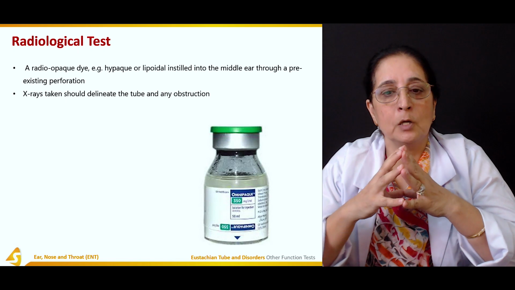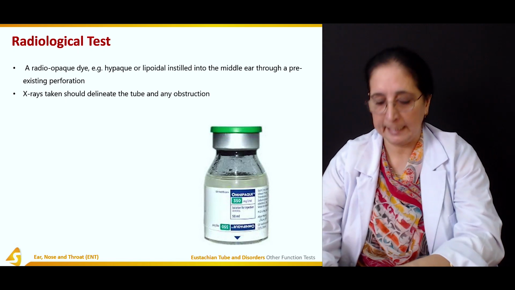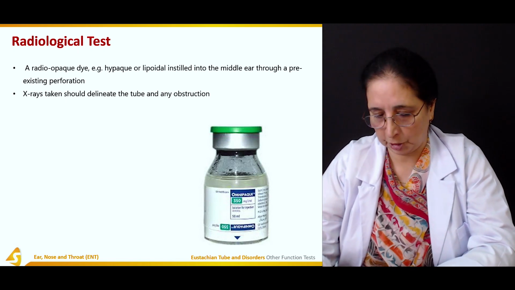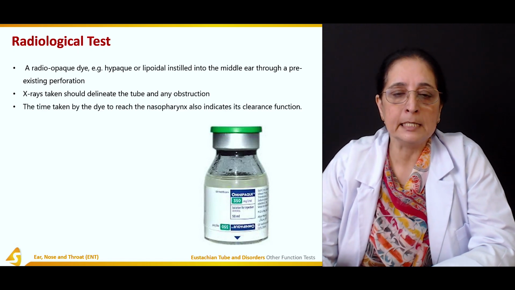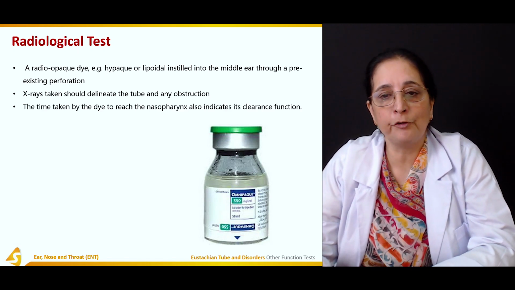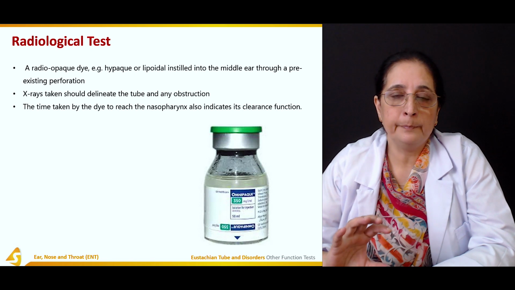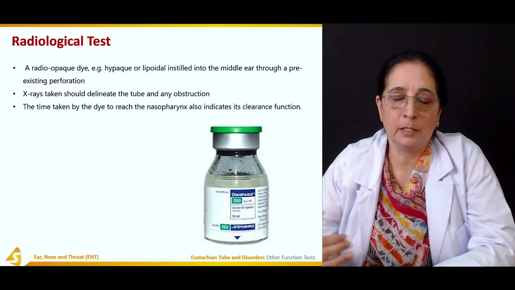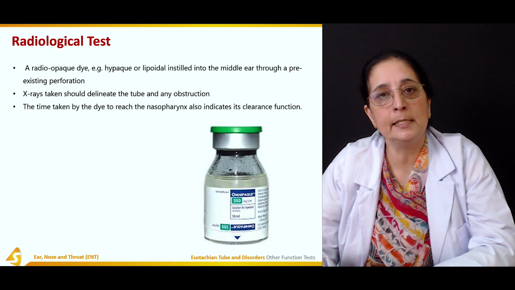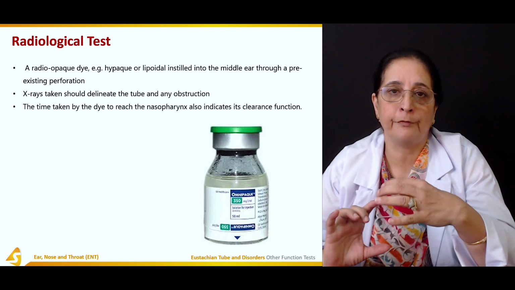It means it is obstructed. The time taken by the dye to reach the nasopharynx also indicates its clearance function. If there is any obstruction, more time is required by the dye to reach the nasopharynx.